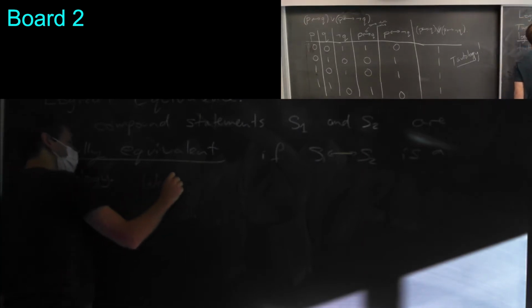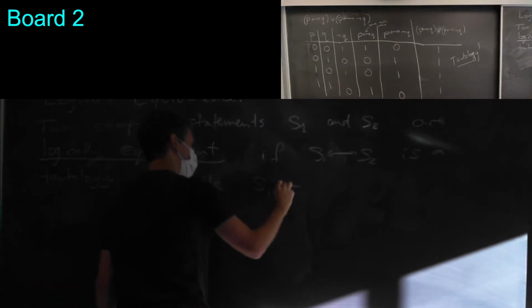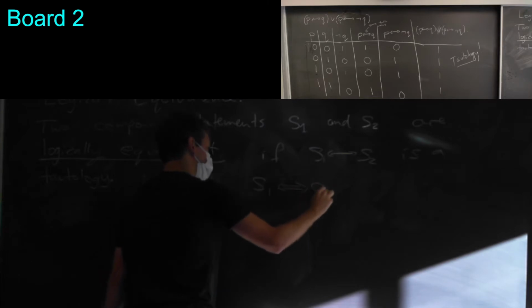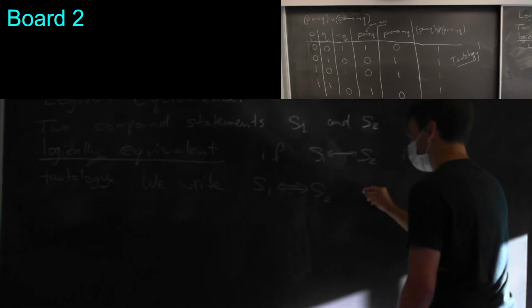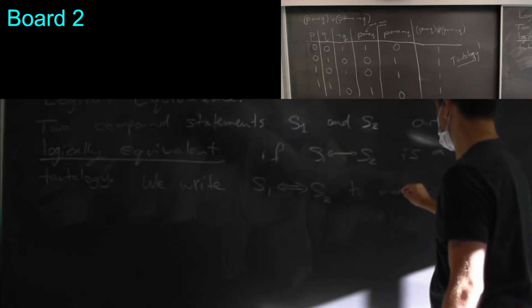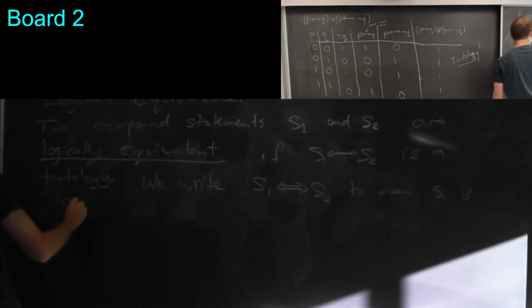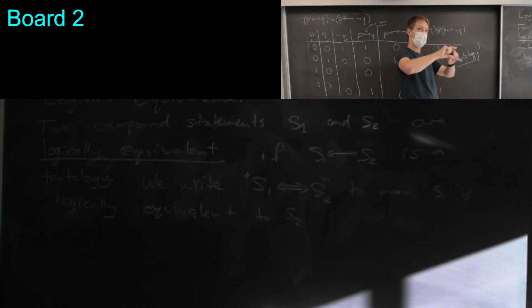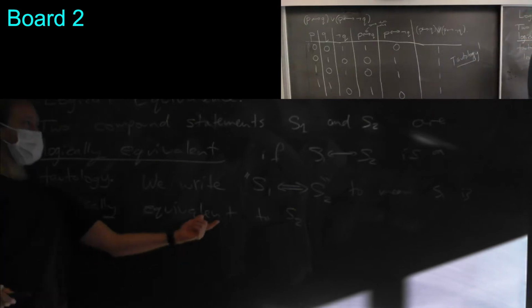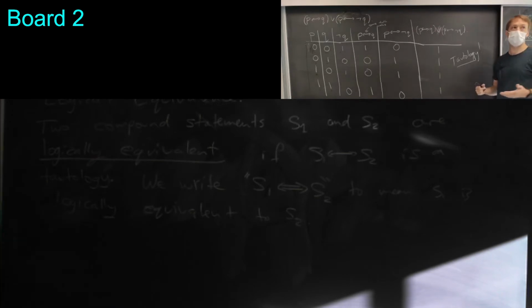We write this as S1, with this kind of double arrow, S2, to mean S1 is logically equivalent to S2. So you've got to keep straight what the fat arrows mean and what the thin double arrows mean. This thick double arrow means logically equivalent.